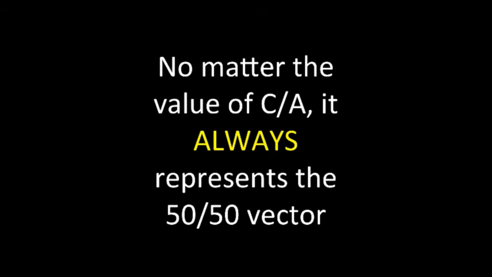You're just seeing it differently, and you need to take a closer look to come up with the appropriate measurement there. So again, in summary, no matter the value of the C over A, it always represents the 50-50 vector in terms of distributing the force equally into the condylar and axial circles.